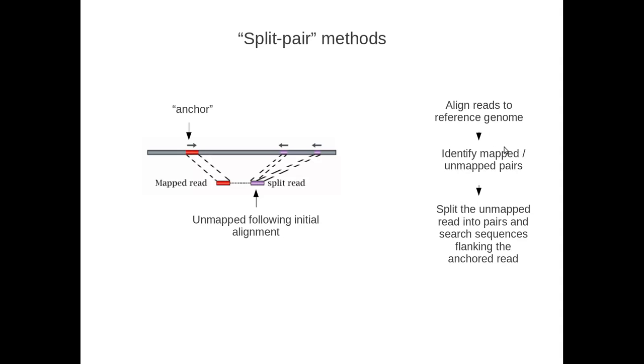But in this case, what we're looking for are read pairs where one of the reads mapped and the other read did not map. The read that mapped, we frequently call the anchor read, and the read that did not map is unmapped after that initial alignment.